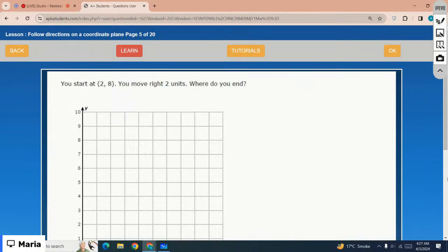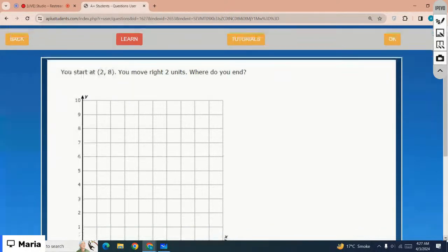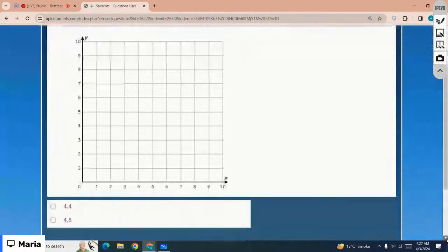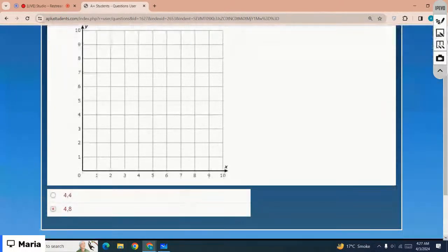That is (4, 8) because you moved right, right? So you need to add 2 to the x component. So that would be (4, 8). Option number 2 is the correct option, right?